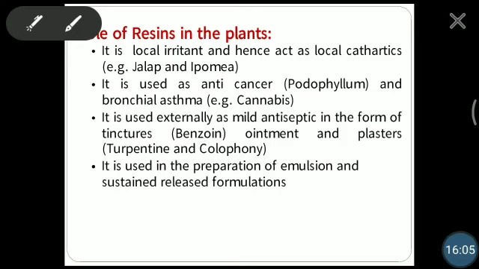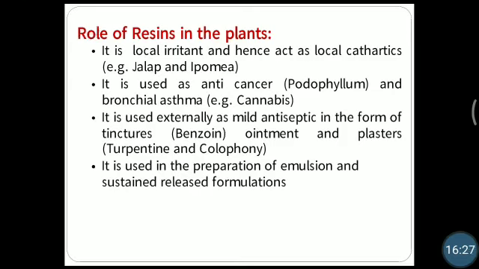It is used externally as a mild antiseptic in the form of tincture, ointment, and plasters, for example turpentine and colophony. These all are examples of drugs, which is the role of resin in the treatment of humans. By mistake, here 'plants' is written. It is used in the preparation of emulsions and sustained release formulations, also in the treatment of humans.